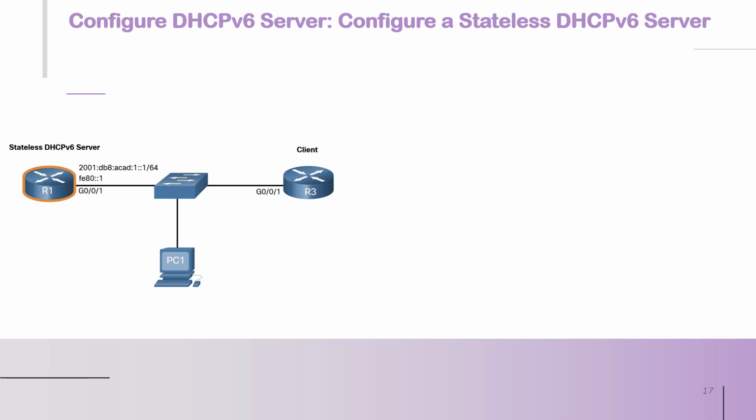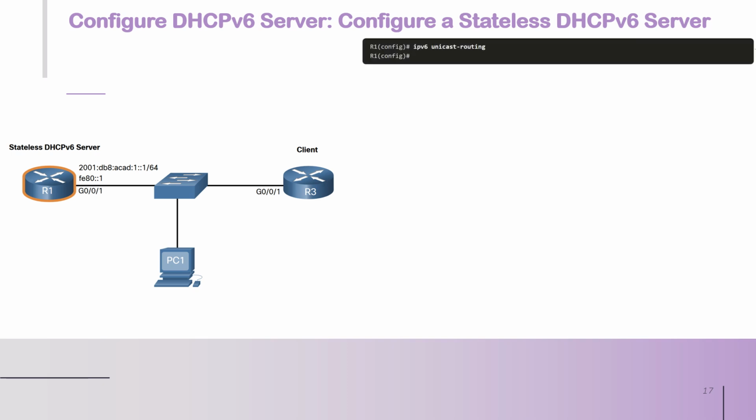The first step is enabling IPv6 routing by using the command ipv6 unicast-routing, which enables IPv6 routing on the router. Although it is not necessary for the router to be a stateless DHCP version 6 server, it is required for the router to source Internet Control Message Protocol version 6 router advertisements.